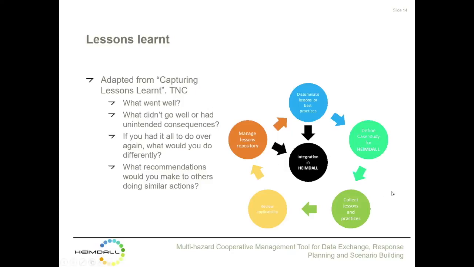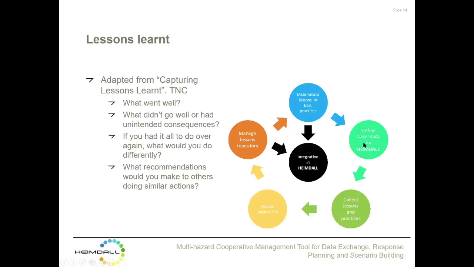So mainly, and first of all, defining a project or defining a case study in the case of HEIMDALL, collecting information or collecting lessons learned and best practices, verifying the applicability of these lessons learned for the organization, store and manage the lessons learned in a repository, and finally disseminate it to other stakeholders or to other end users.